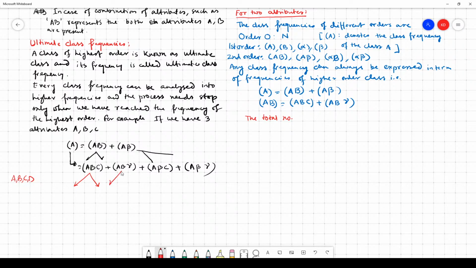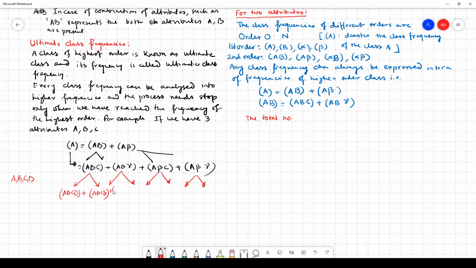This looks like a T diagram, okay? Partition this: all 4 are present, or ABC present, D absent. I denote this by delta.